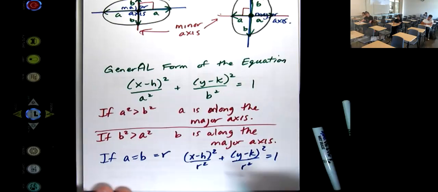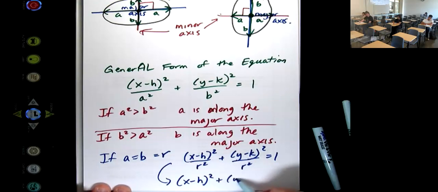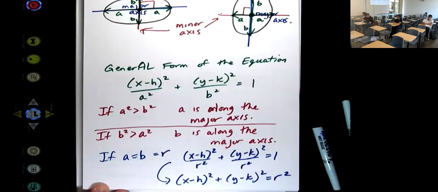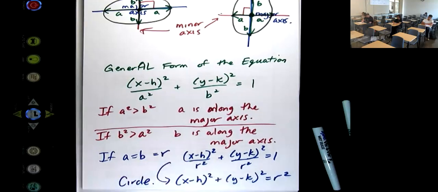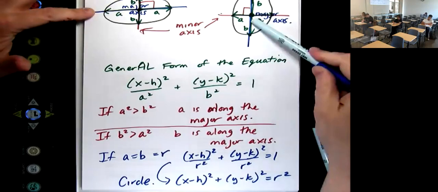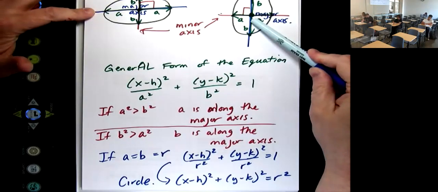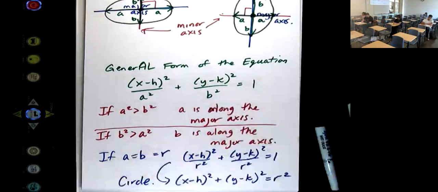And if we clear fractions, (x minus h) squared plus (y minus k) squared equals r squared, which is what? It's a circle. So when the major axis and the minor are the same, that makes sense that the distance along the two axes is the same distance. It's perfectly wrapped.